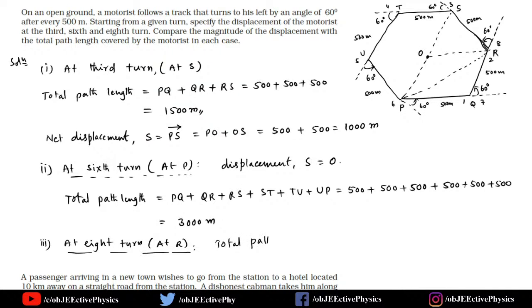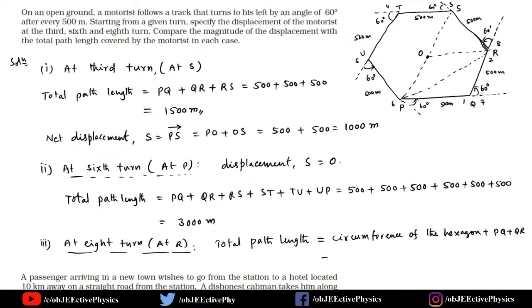Total path length up to 8th turn is the circumference of the hexagon plus PQ plus QR.